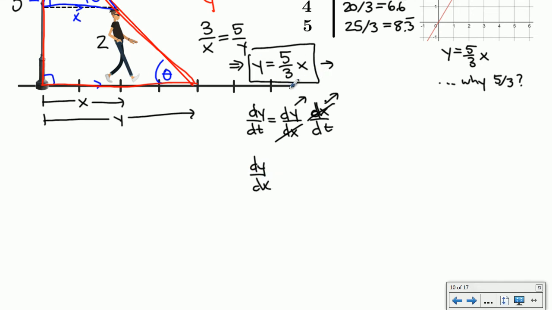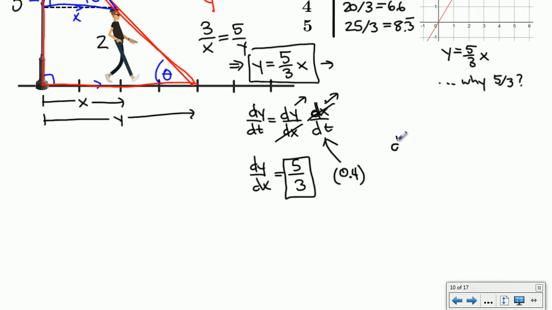We can use this equation. dy/dx is simply 5/3, and dx/dx is just 1. So dy/dx is 5/3, and we know dx/dt, which is given in the question, is 0.4.